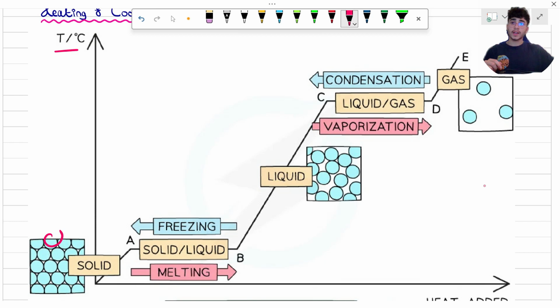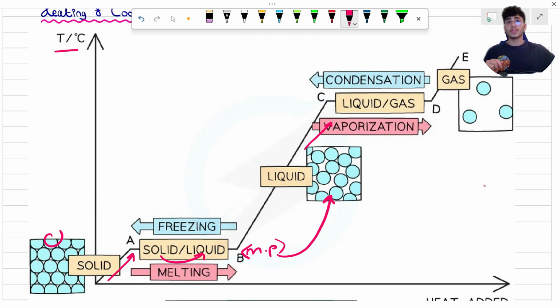From solid, we add energy, we add heat, then melting begins. This is the melting point. Melting begins at this point, and it transfers from solid to liquid. By the time melting point is reached and it becomes a liquid, then we add more energy until vaporization begins.